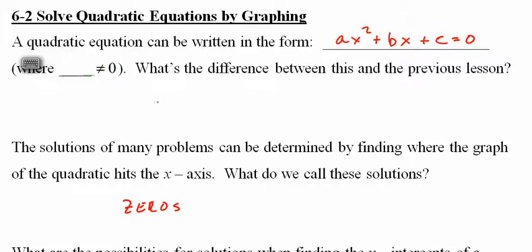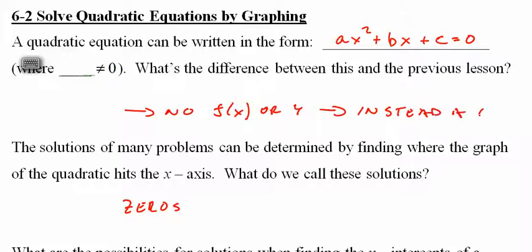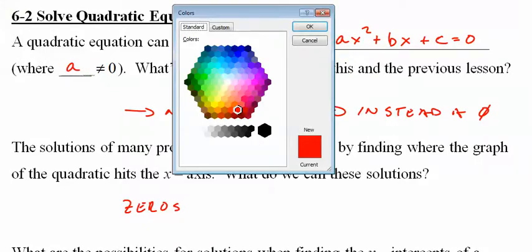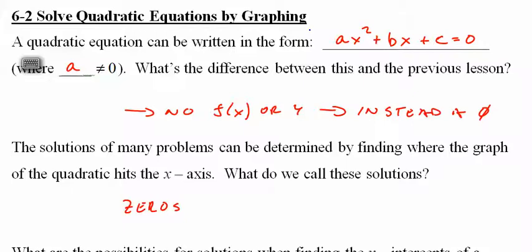So the difference between this is no f of x or y. Instead, we have a 0. And this a cannot equal 0. If it were to equal 0, then you would not have a quadratic. You'd have a linear equation.